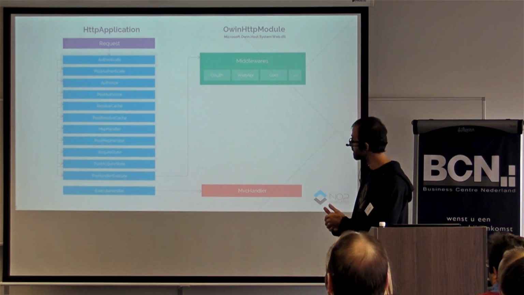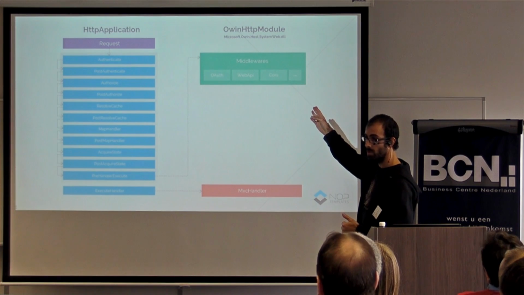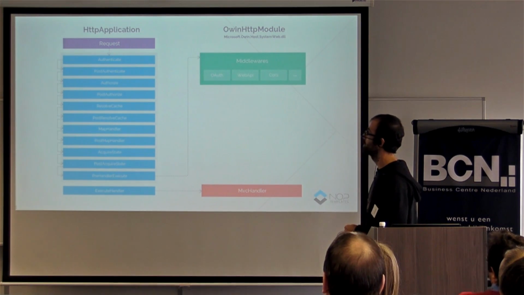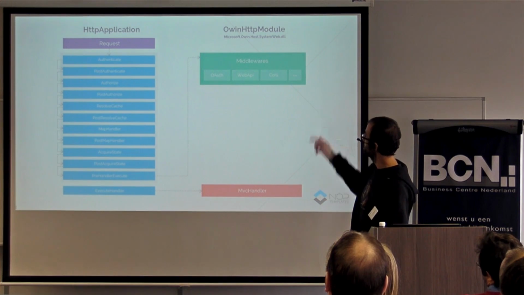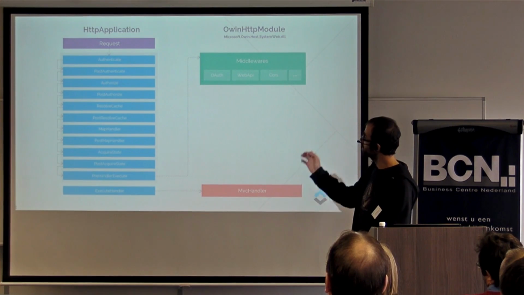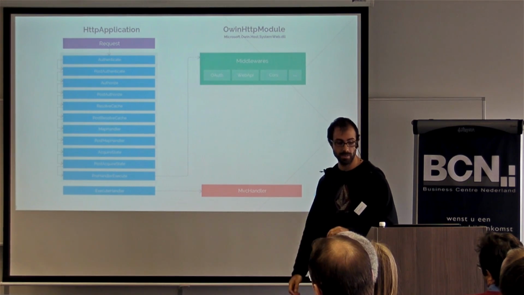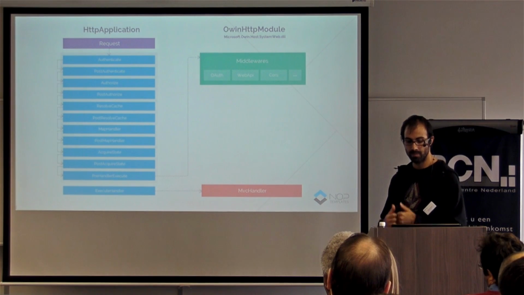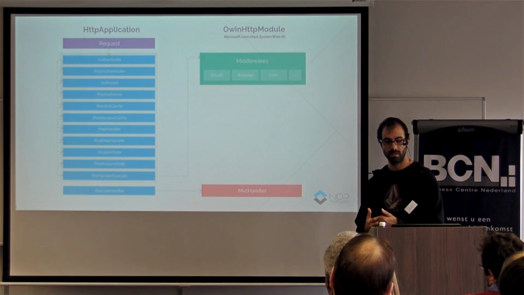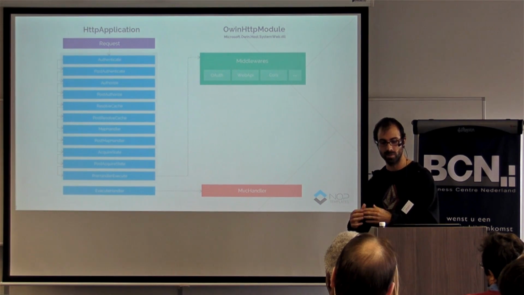And when initialized, it has the responsibility to find all the middlewares in your OWIN project and register them in the IIS pipeline. By default, the OWIN module registers the middlewares at the PreHandlerExecute event, which is the event that fires before the handler, actually the chosen handler by MVC, is executed.